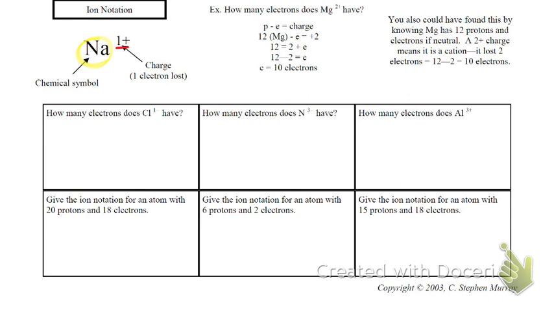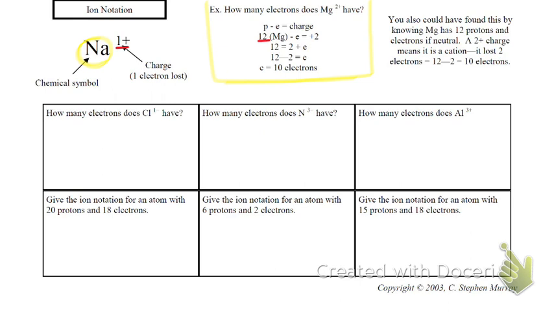So over here, this box said, how many electrons does magnesium 2 positive have? So magnesium's proton number, if you go to its spot on the periodic table, it's 12, minus its electrons.